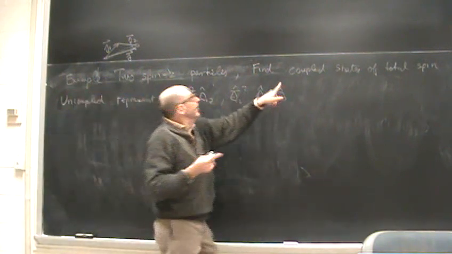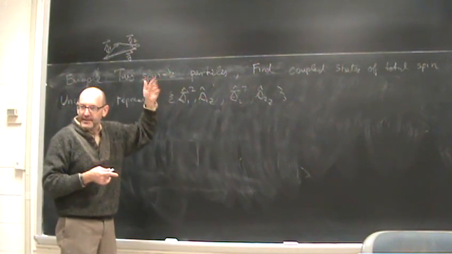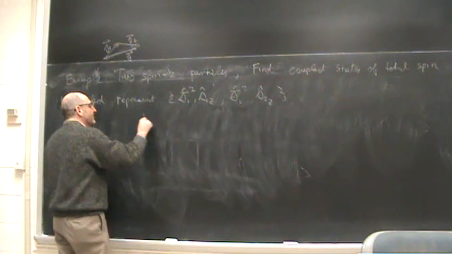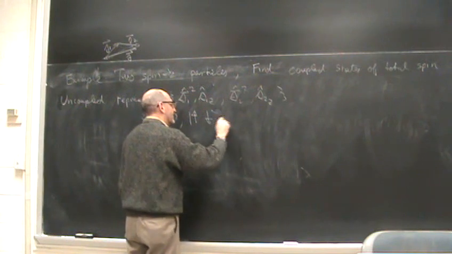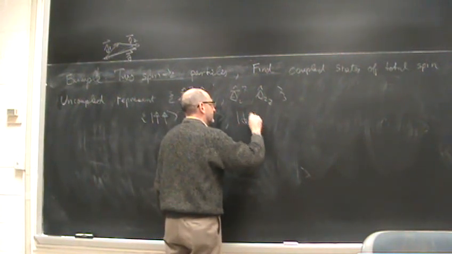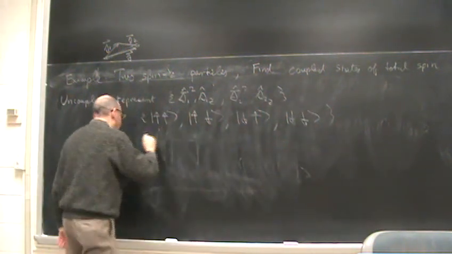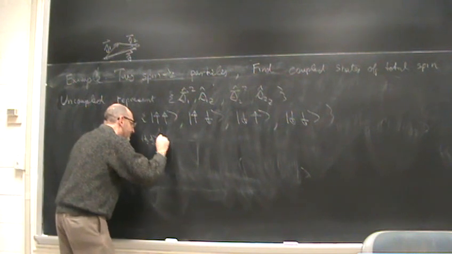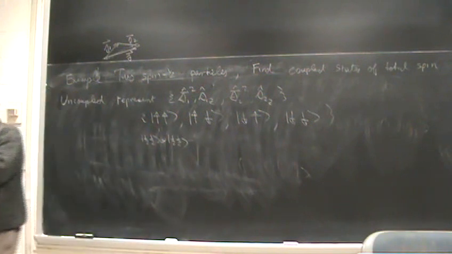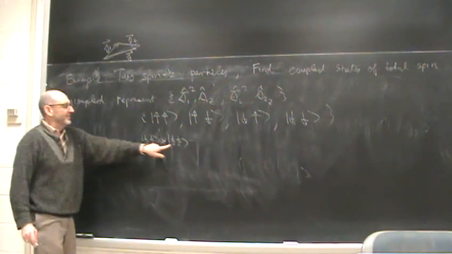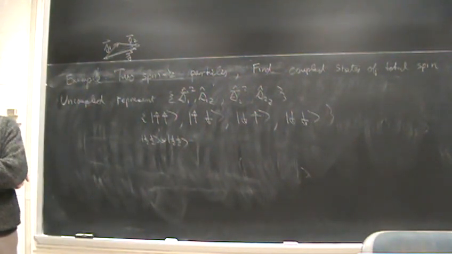When we are fixing the total spin of each particle, we don't typically write that quantum number, right? So the uncoupled representation in this case would be up, up; up, down; down, up; and down, down. Of course, this is a shorthand for 1/2, 1/2, tensor 1/2, 1/2, right? But we're not going to write all those quantum numbers out. This is spin up, and this is spin up, and then I have spin down. Okay. That's the uncoupled representation.